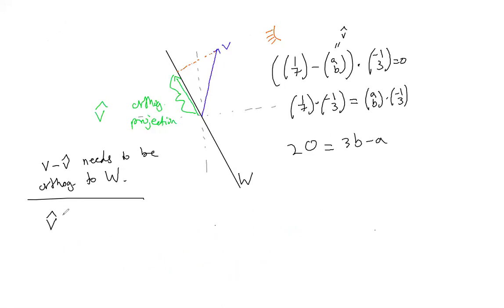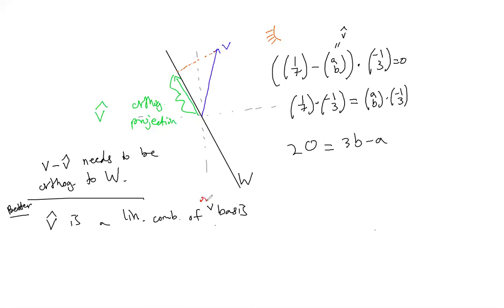And it's the same formula we had before, right? So V hat, we want it to be a linear combination of, so we should pick a basis for W. This is maybe a better way because it'll generalize to bigger spaces. V hat is a linear combination of basis vectors, sorry, orthogonal basis vectors.